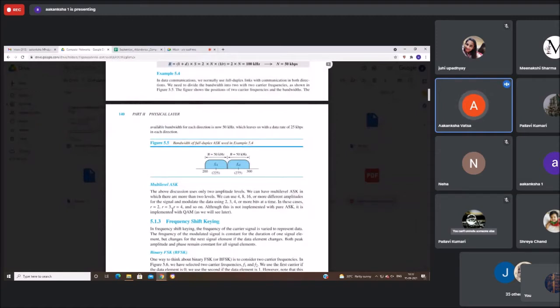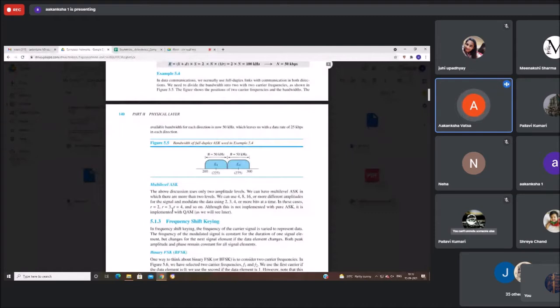So using 4 different amplitudes, we can send 2 bits per signal. Similarly, if I have 8 different amplitudes, I can represent 3 bits. R will be 3 then. And if I have 16 different amplitudes, then R will be 4. So I'll be representing 4 bits per signal. So this is not implementing pure ASK.